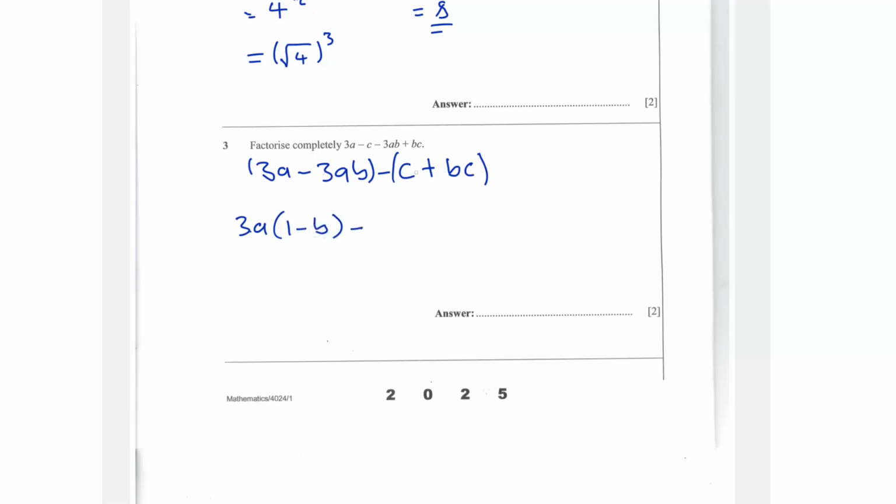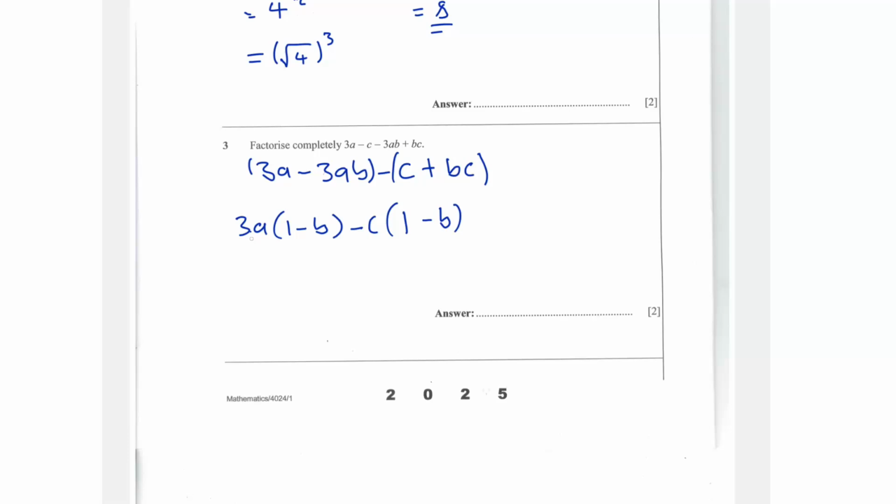And then minus, again here, what is common is just a c. So you factor out a c, and then c into c is 1, and then negative c into bc is just negative b.